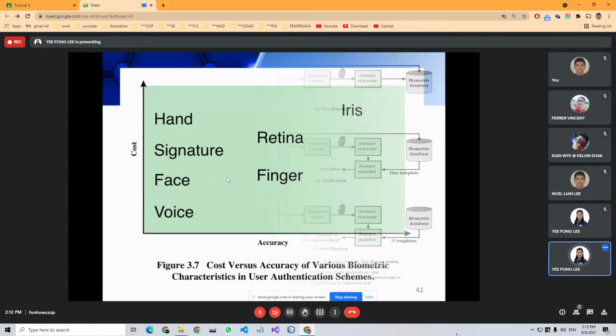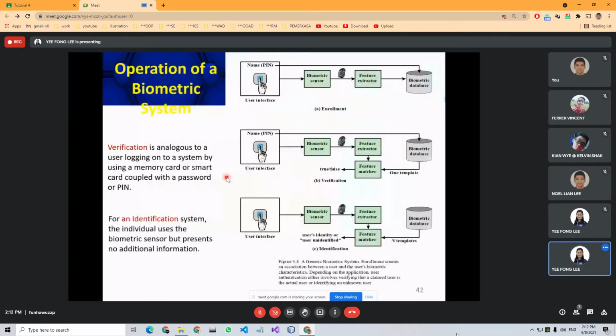Next diagram, operations of a biometric system. For a biometric system, the user might present a name and typically also a password or PIN to the system.